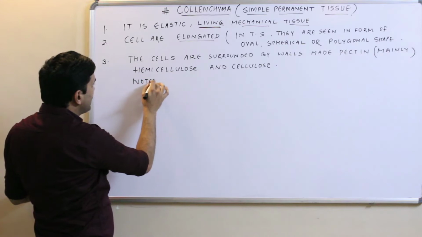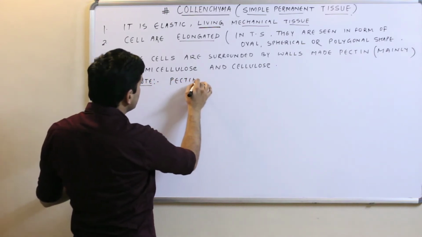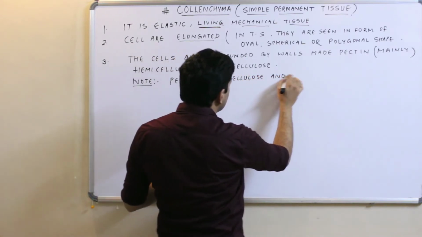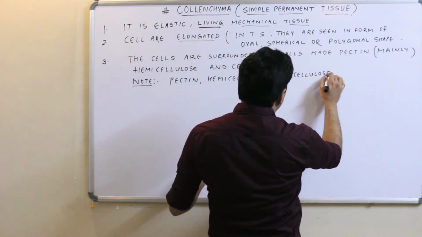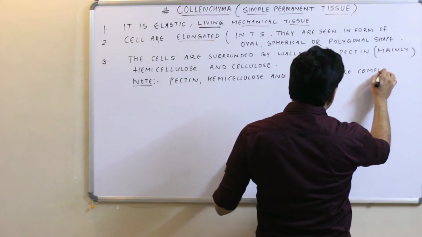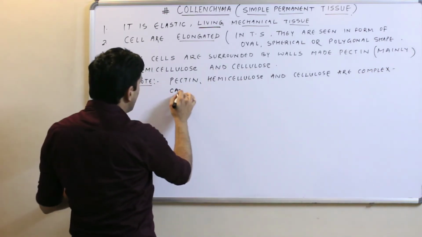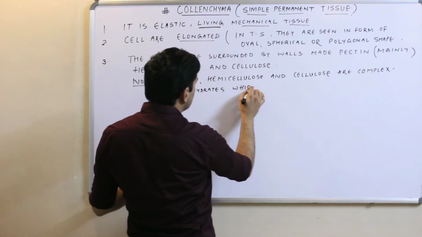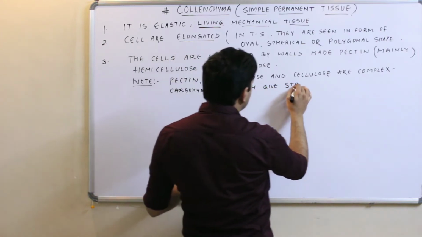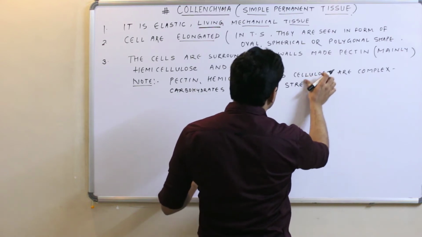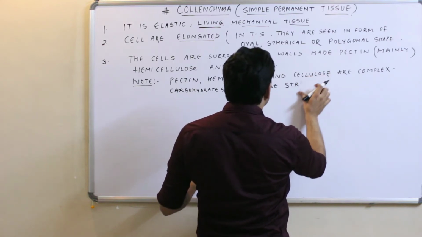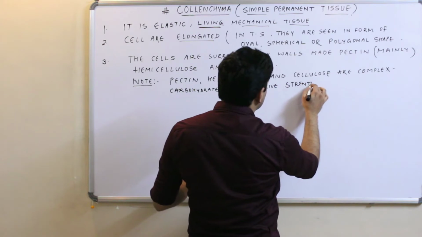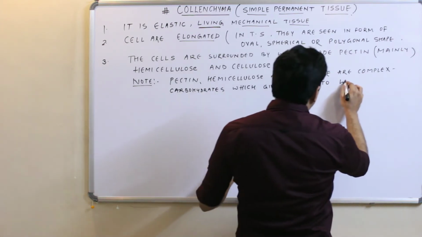Now one thing to be noted here is that pectin, hemicellulose and cellulose are complex carbohydrates which give strength to walls.